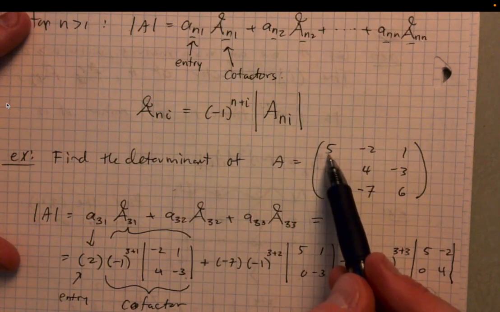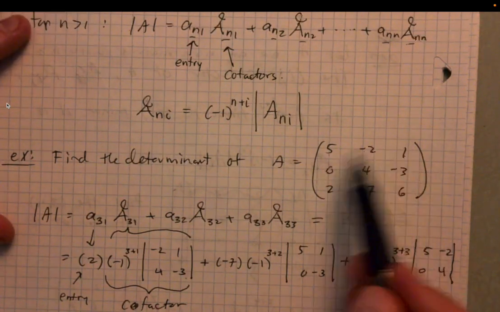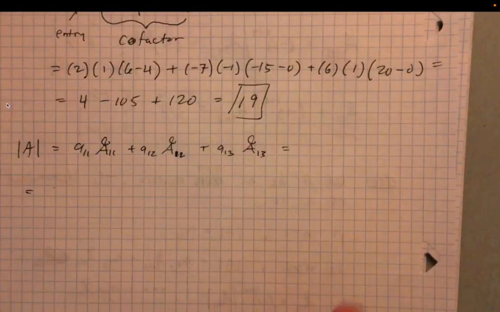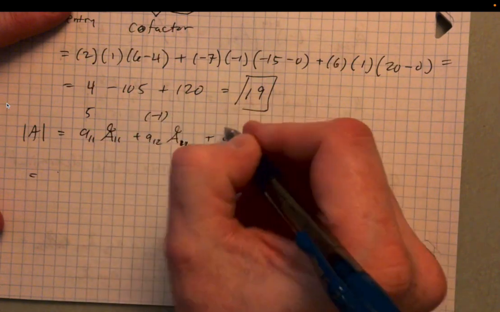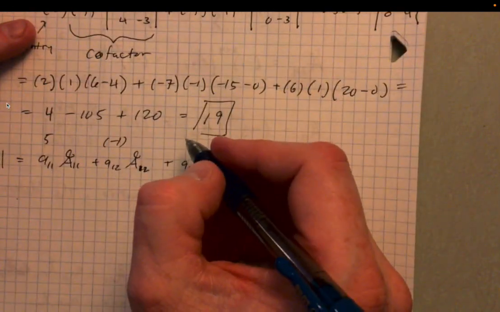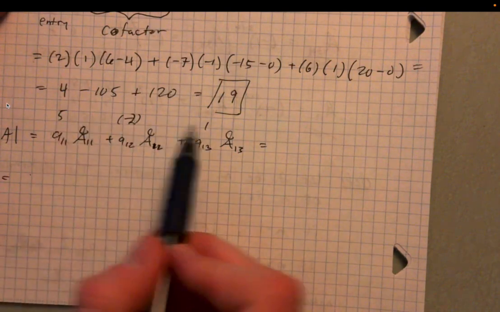So the 1,3 entry is 5, and then it's a -2, and then it's 1, right? So I'm just going to grab those three and bring them down here. So I know this is 5, negative 1, and then this is 3. Sorry, that's negative 2 and 1. 5, negative 2, 1.